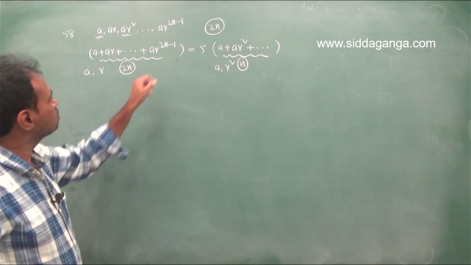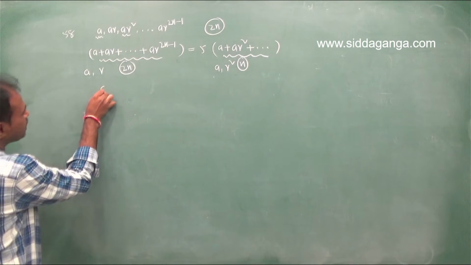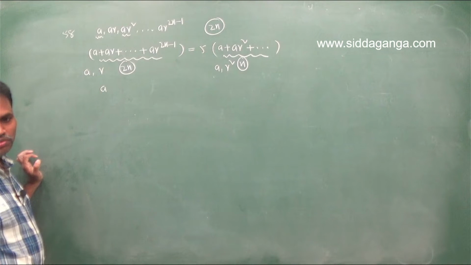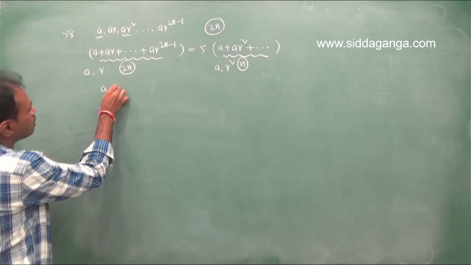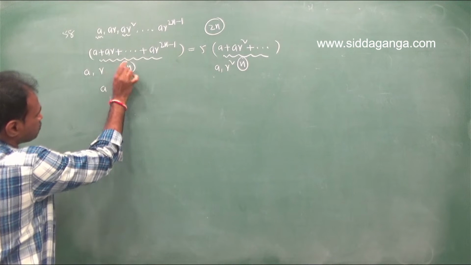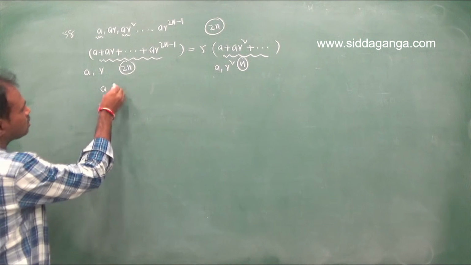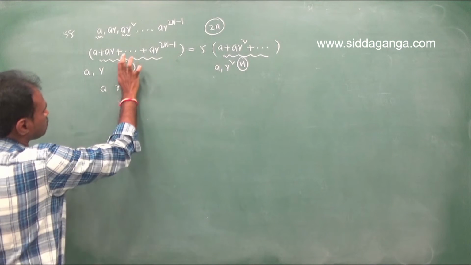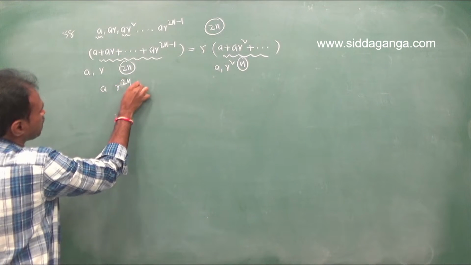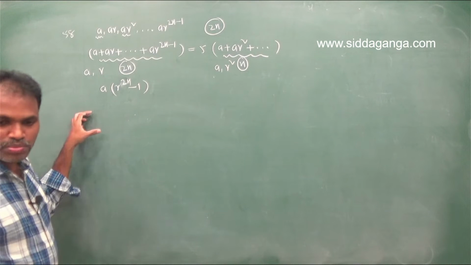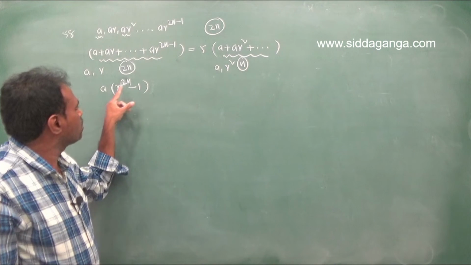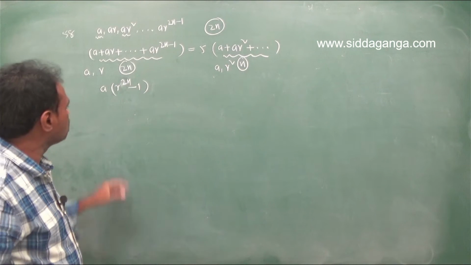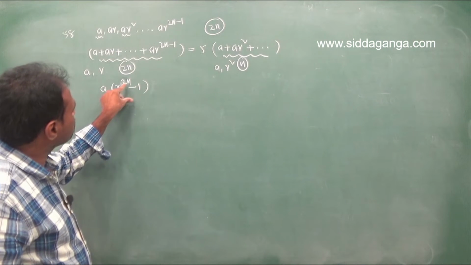Now the sum of these 2n terms is a into r power 2n minus 1 by r minus 1. Why? Because the sum of n terms formula is a into r power n minus 1 by r minus 1, and here there are 2n terms.